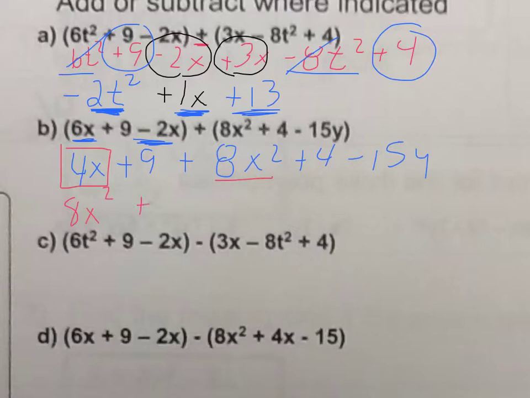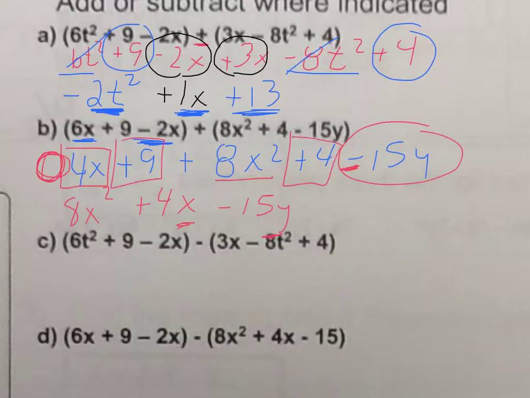So plus 4x. I know it's a plus because there's no sign in front of it. If it was a negative 4x, they would have to have a negative sign there, which they don't. The next thing I'm going to deal with alphabetically will be y's. So minus 15y, because x comes before y, so that's correct. And then I deal with my constants last. Positive 9 plus 4 is plus 13. And that's my answer in standard form.